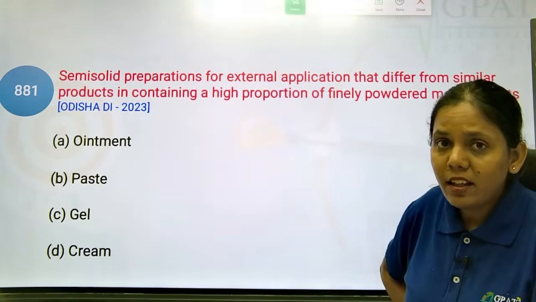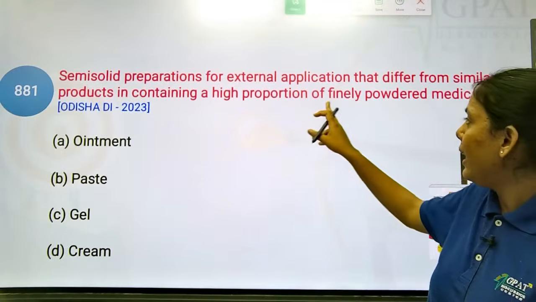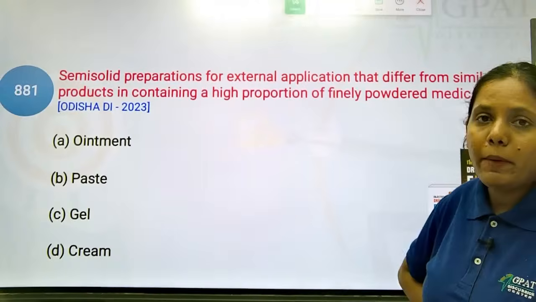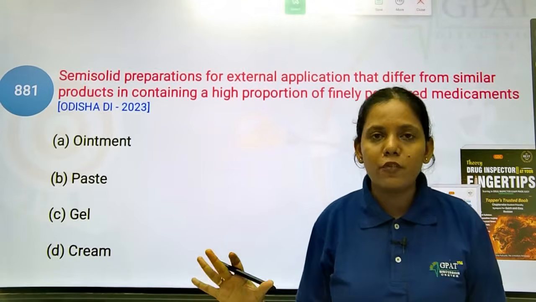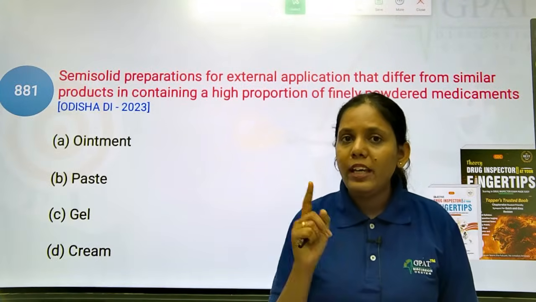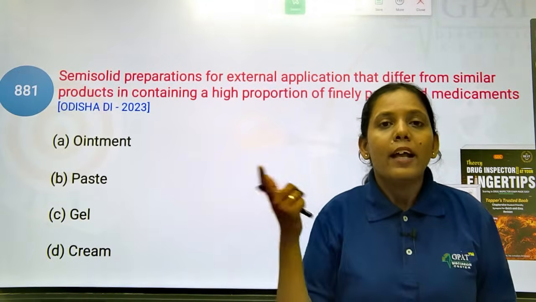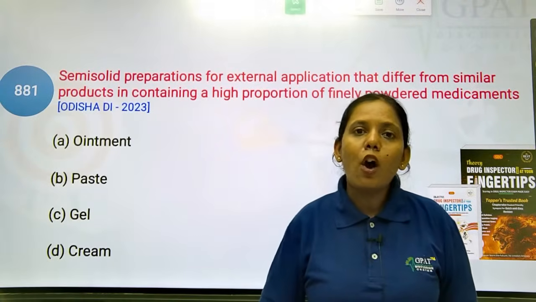Chalo. Next is: semi-solid preparations for external application that differ from similar products in containing a high proportion of finely divided or finely powdered medicaments. That means you have various semi-solid dosage forms, and each has its own characteristic features that make them differ from each other. Otherwise, why don't you call all of them a cream?